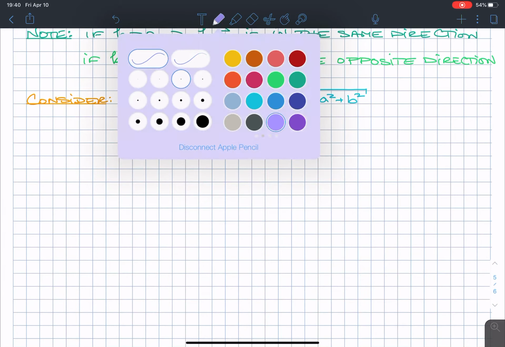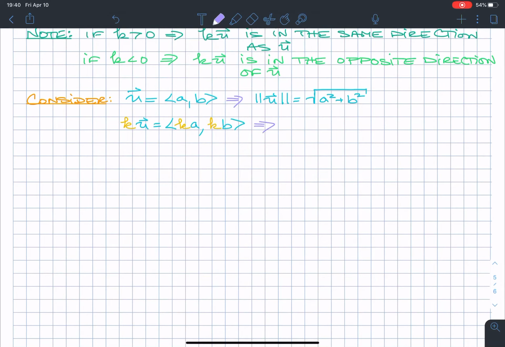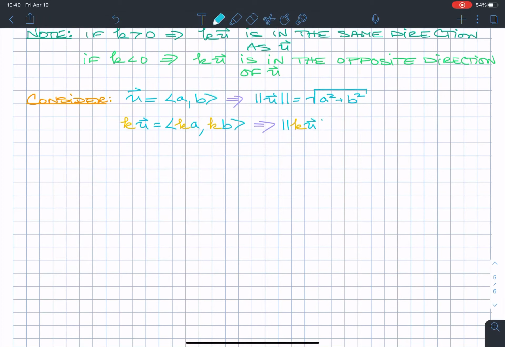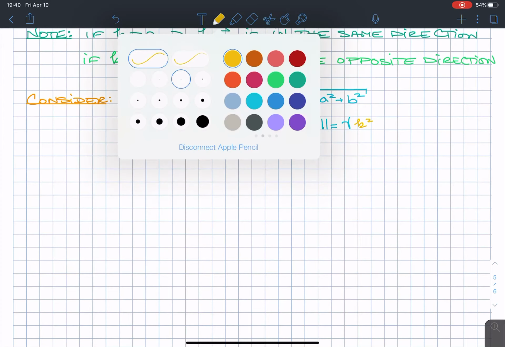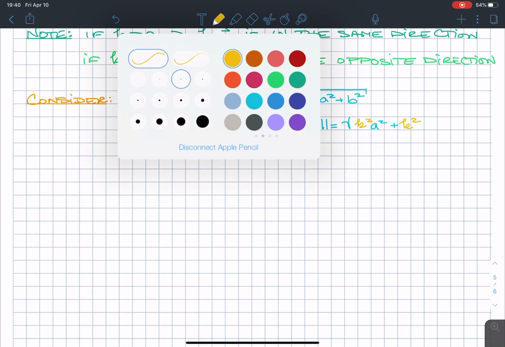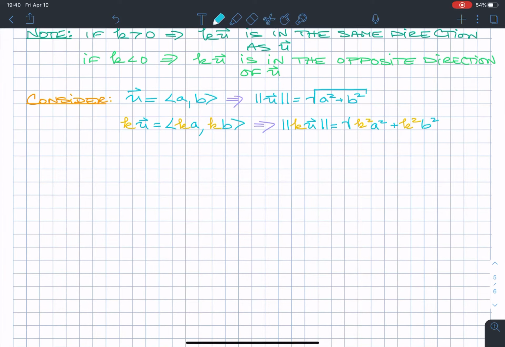So how does this change the magnitude? Well, now the magnitude of k times vector u is going to be the square root of k squared a squared plus k squared b squared, which means I can factor out k.